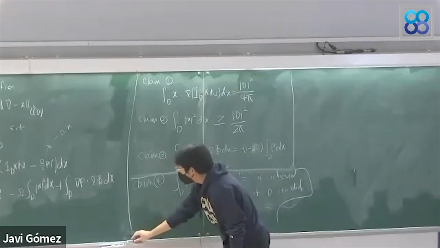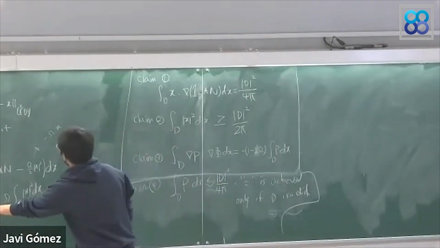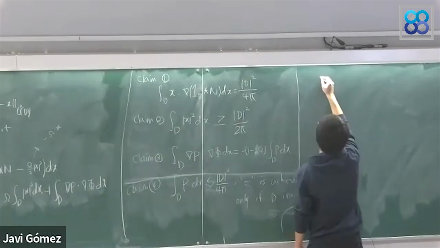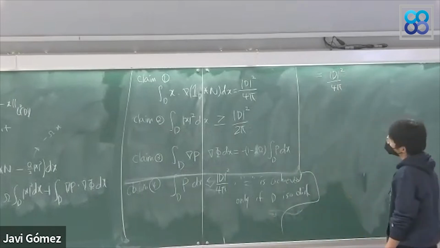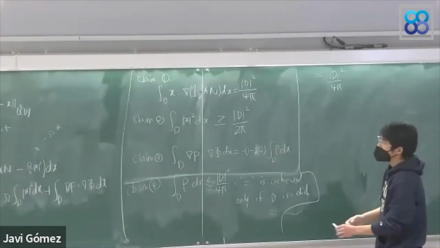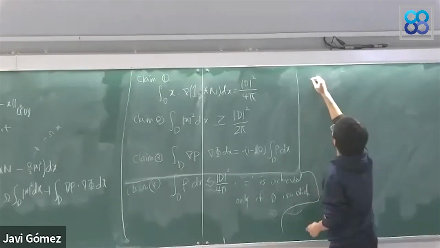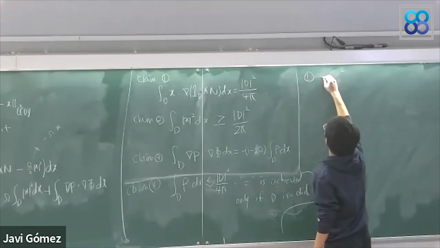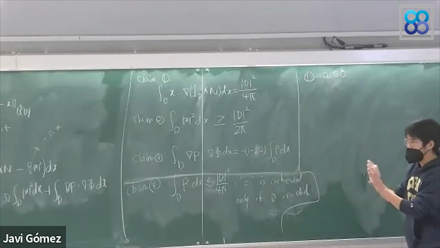Okay, it's very straightforward. So the first term is exactly equal to d squared over 4 pi. Wait, let's see, I'm sorry. Let's do the case omega less than 0 first.